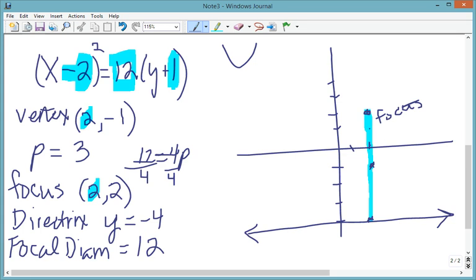So that means we're going to go over from the vertex over 6. 1, 2, 3, 4, 5, 6. Actually, we're going across from the focus, right? And the other way, 6. And that tells me how wide my parabola is.